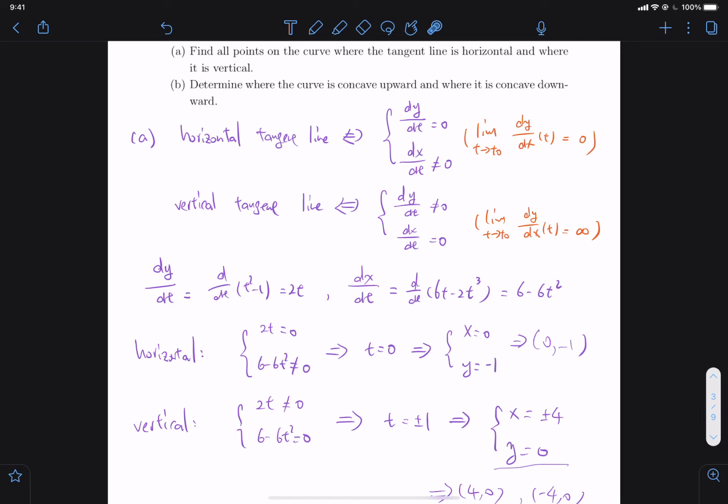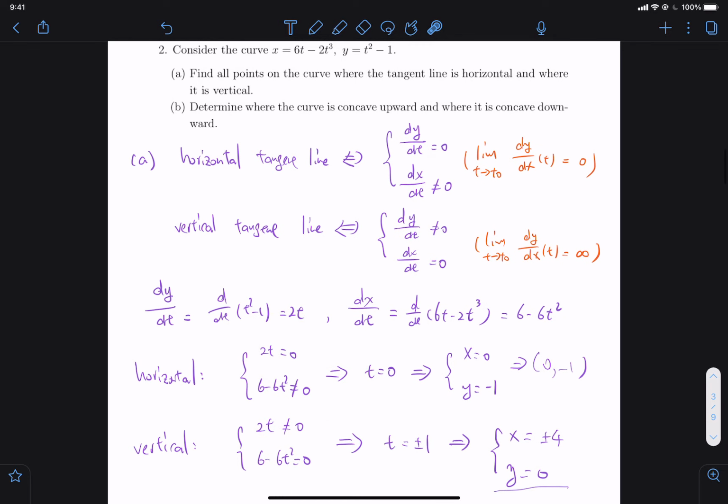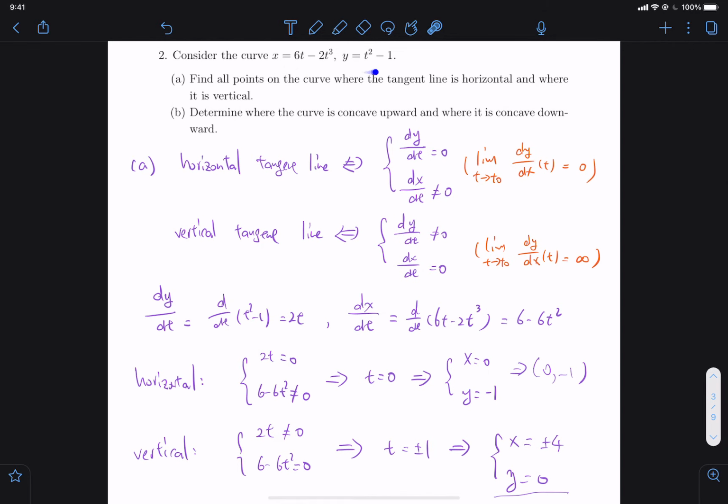This implies that t equals 0, and then we plug t equals 0 back into the expressions for x and y, and we find that x is equal to 0 and y is equal to -1. So at the point 0, -1 the tangent line is going to be horizontal.